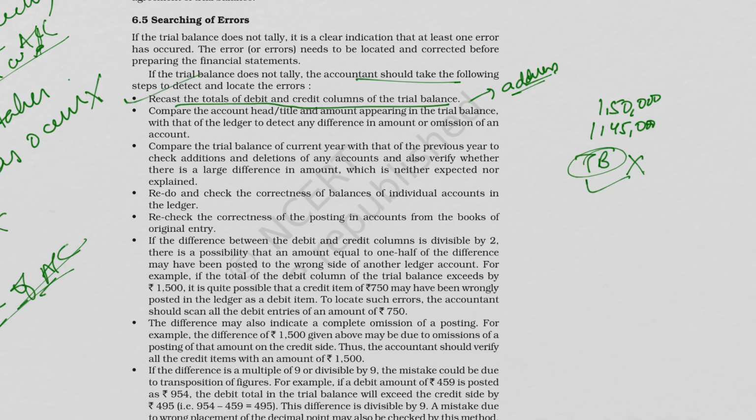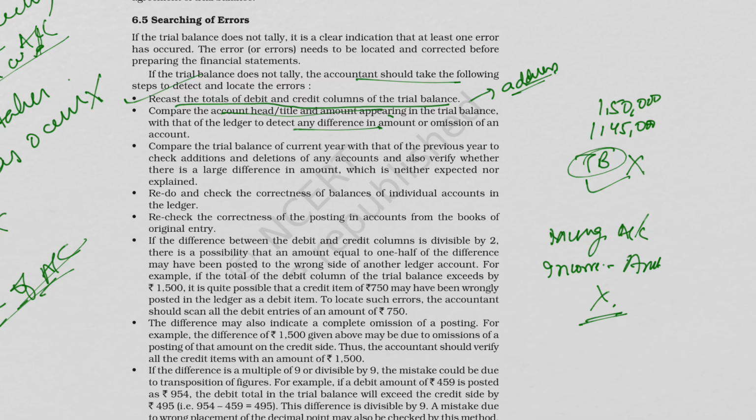Second, we have to compare the trial balance with ledger accounts. The accountant should compare the account titles and the amounts shown in the trial balance with those in the ledger accounts. This helps us to find missing accounts, incorrect amounts, as well as accounts that were not included in the trial balance.